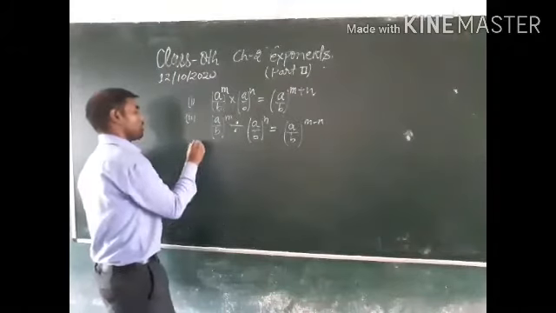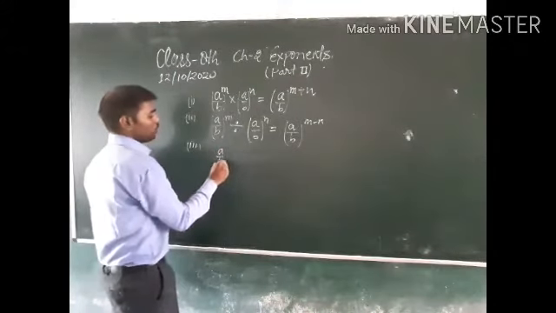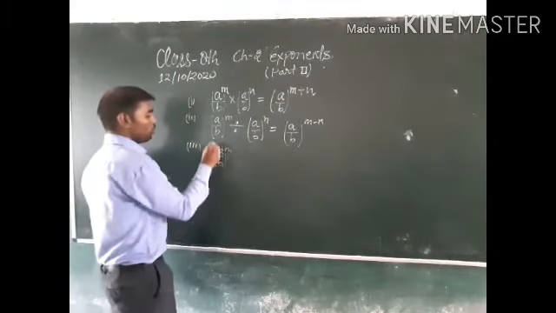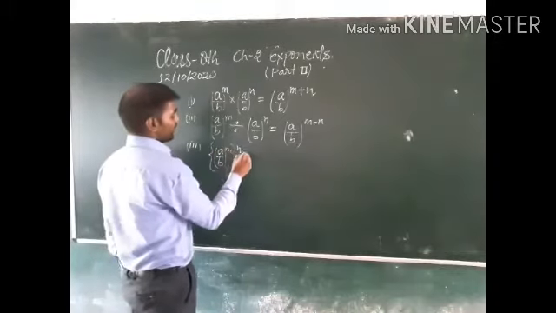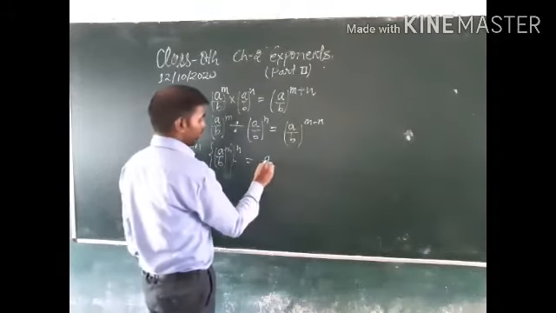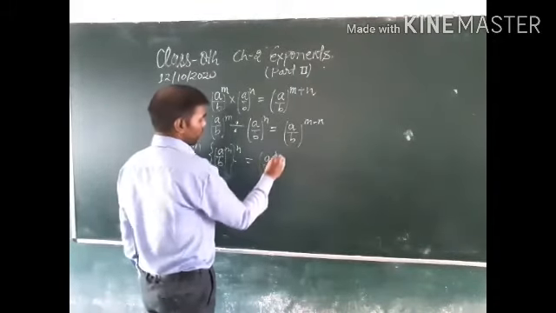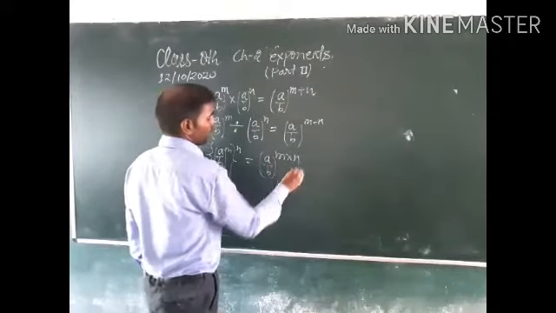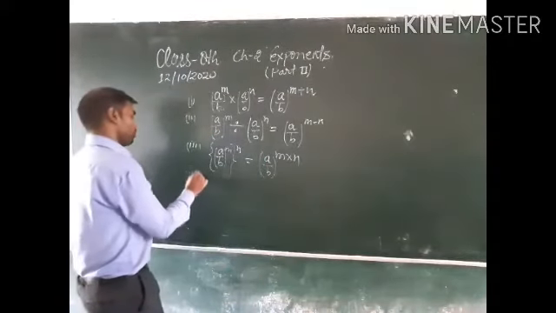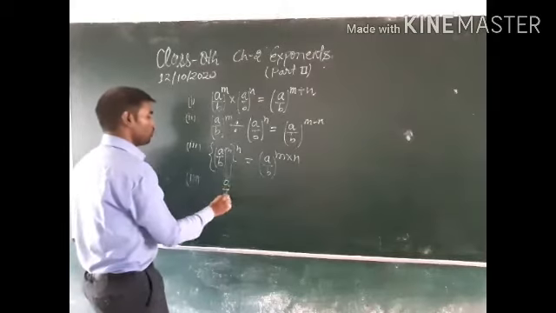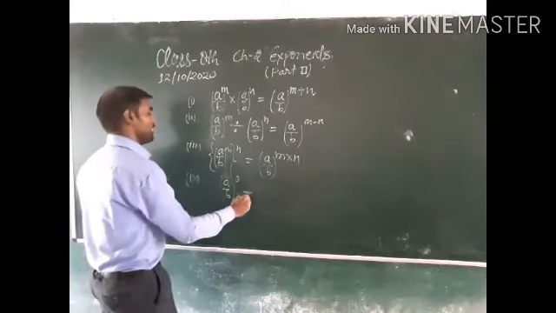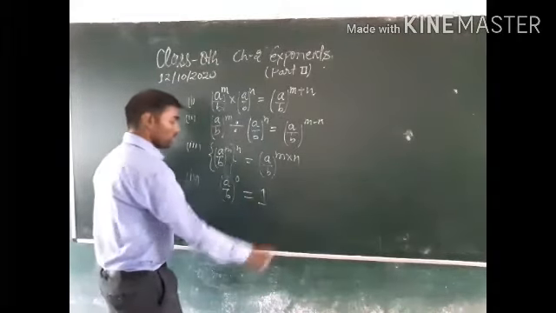In the third formula, ((a/b) to the power m) whole to the power n can be written as (a/b) to the power m into n. And in the fourth formula, (a/b) to the power 0 can be written as 1.